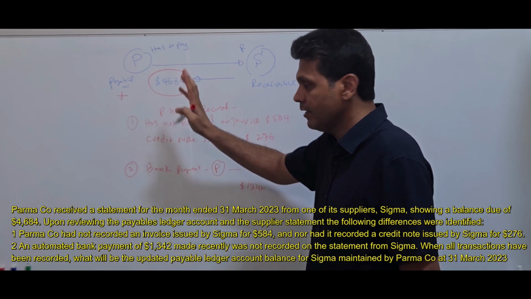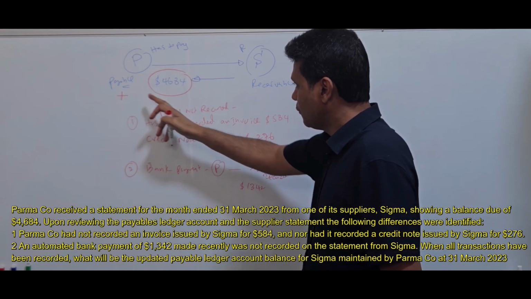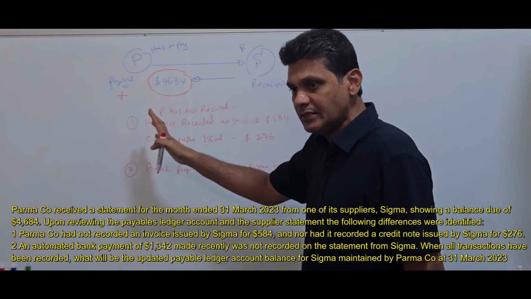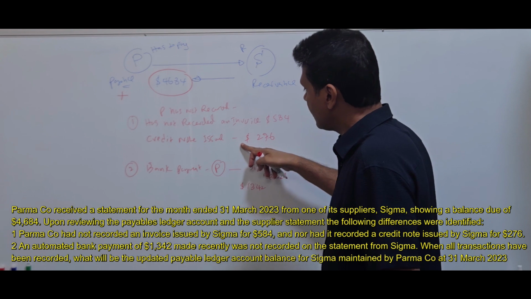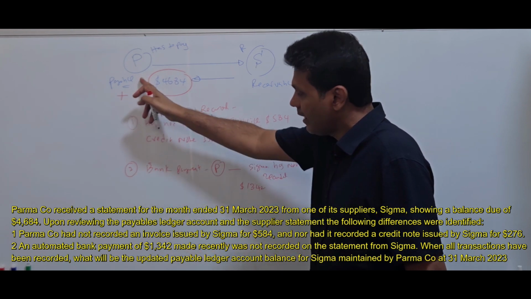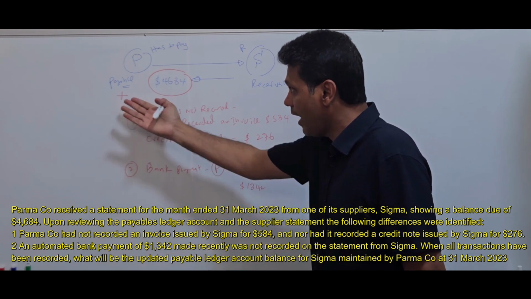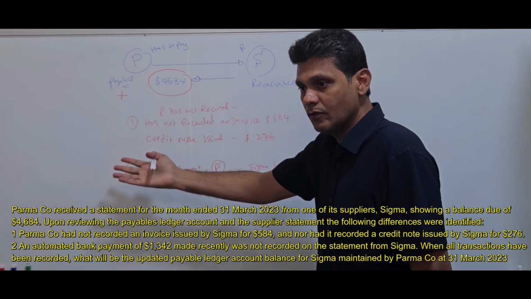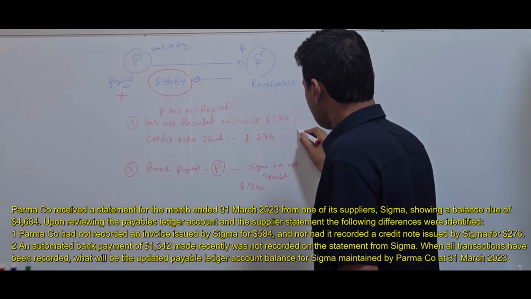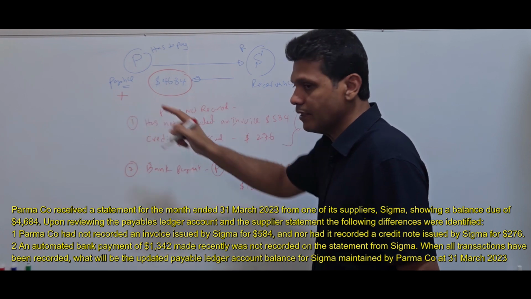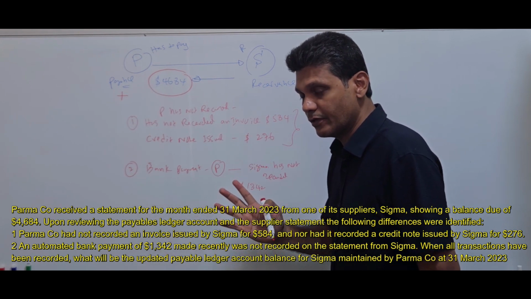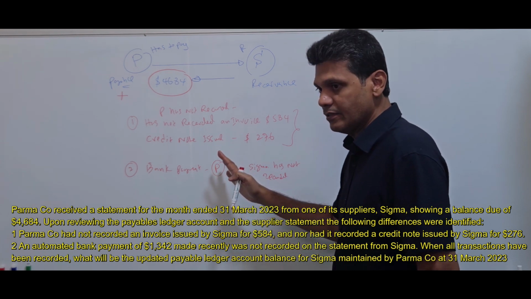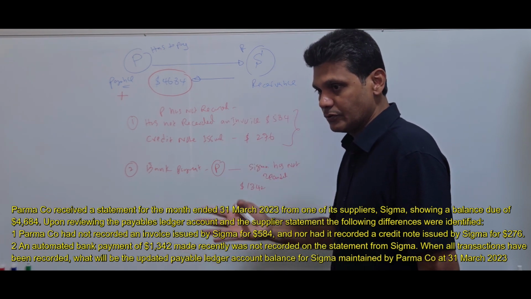No. So based on this you can't determine P's payable figure. Who has not recorded the credit note? P has not recorded. So do you have the balance here? No. So can you arrive at the payable balance based on this? You can't. You have to understand this. This information is given to confuse.